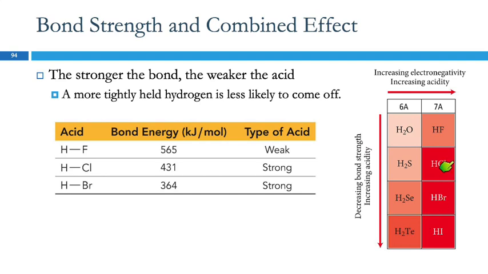So electronegativity increases going up and increases going over. But the effect of size in the vertical direction is more important than the effect of electronegativity. So size is more important, and then electronegativity.